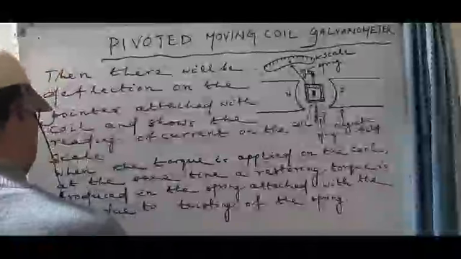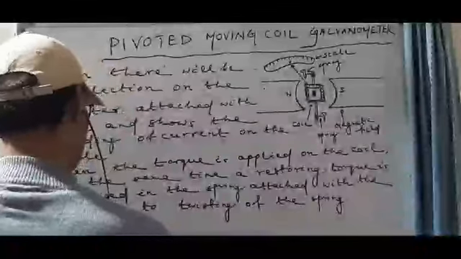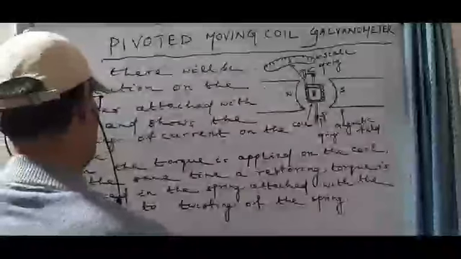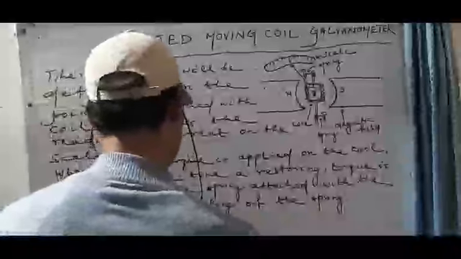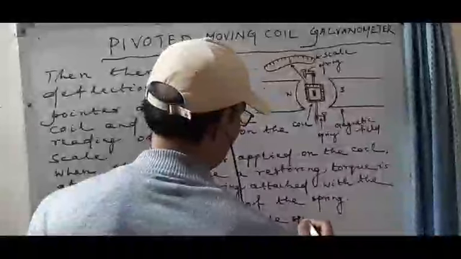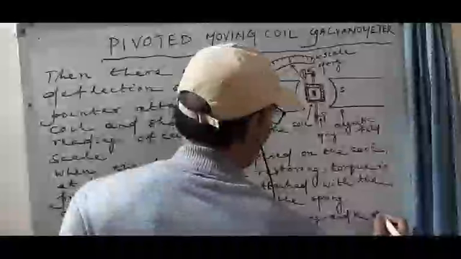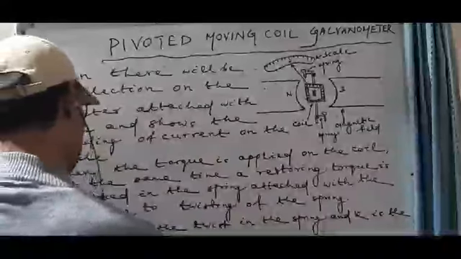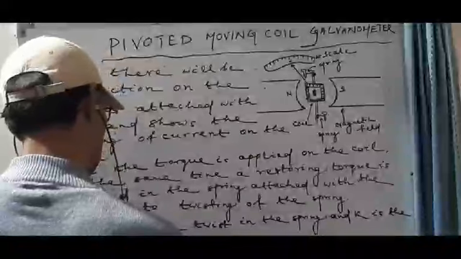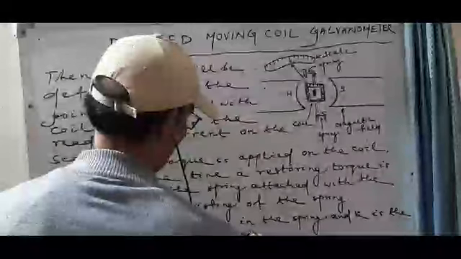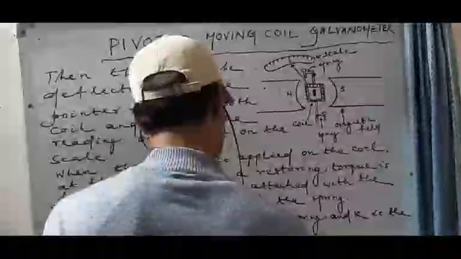So let's start. Let phi be the twist in the spring, and K is the restoring torque per unit twist.